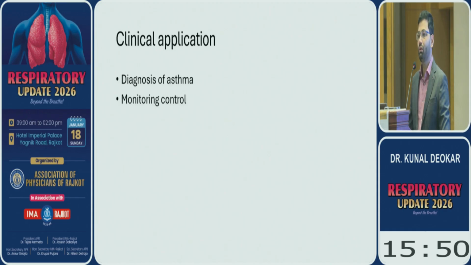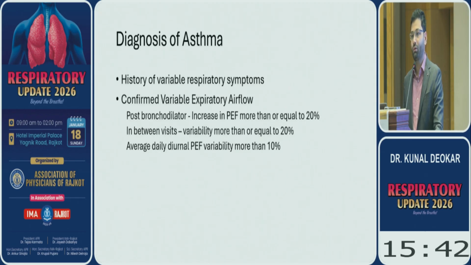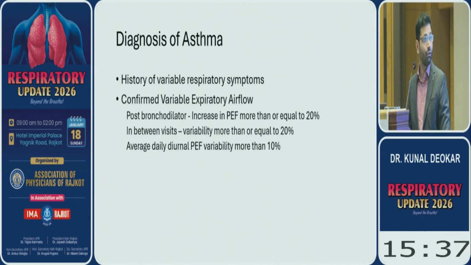Why is it used? It can be used for diagnosis of asthma and to monitor the control of asthma. Spirometry is needed for diagnosing asthma, but if spirometry is not available and there is a history of variable respiratory symptoms, then we can use peak expiratory flow rate to help diagnose asthma.